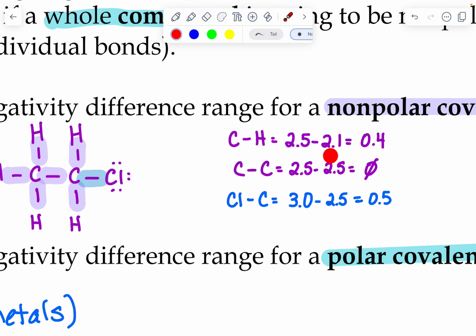These two numbers I grabbed off of an electronegativity chart. There is one available for you guys up on Schoology if you do want to see where I got these numbers from. But we found the difference between these and got a difference of 0.4.